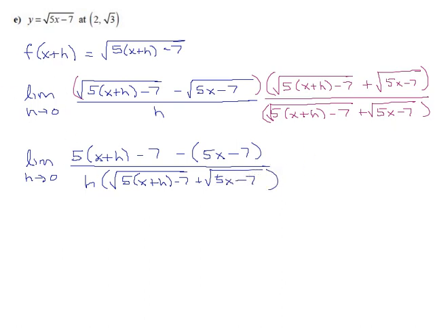Okay, cancellations. We have 5x minus 5x, those drop out. We have minus 7 and plus 7, those drop out. So the only survivor here, it appears, is 5h. We have the limit as h goes to 0 of 5h over h, and then our conjugate.